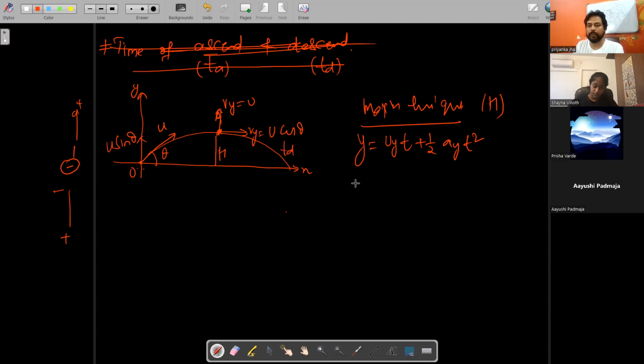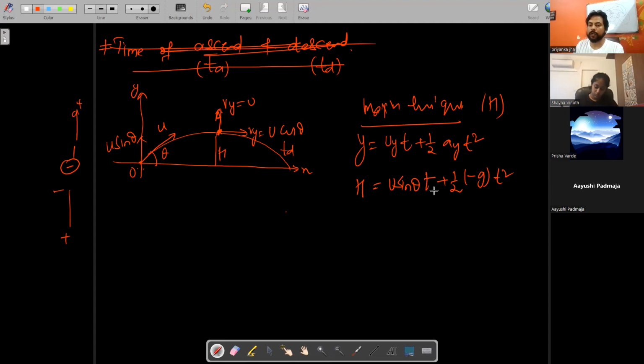So this is positive: plus h equal to Uy, which is u sin theta, times t, plus half ay, which is minus g, into t squared.